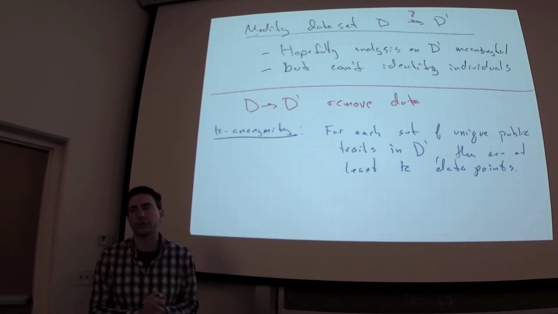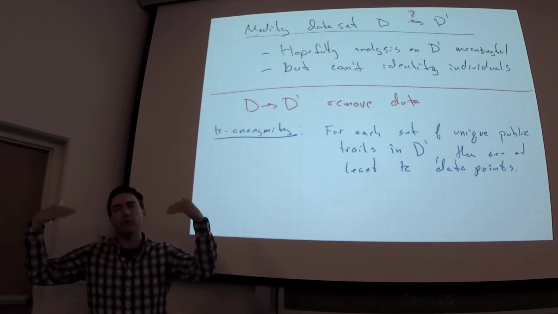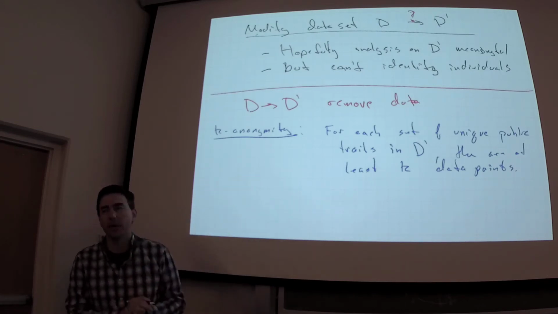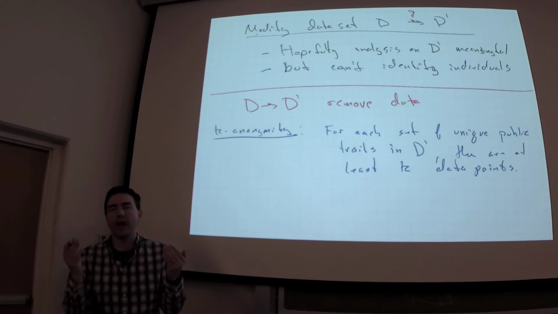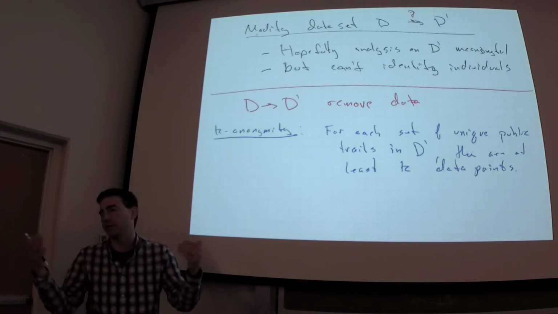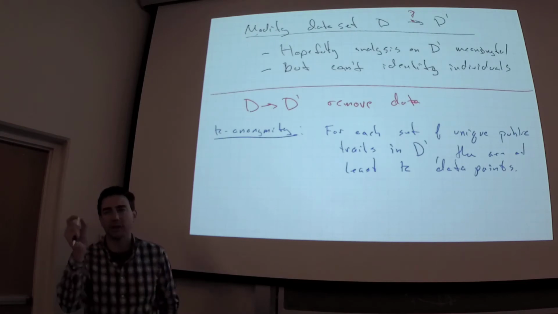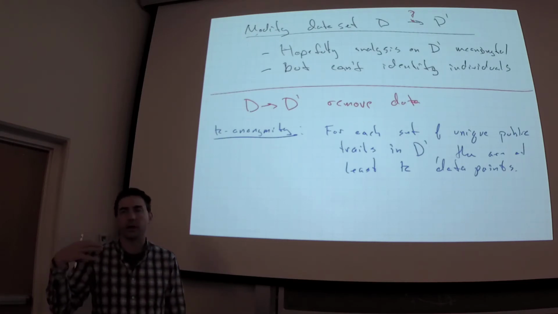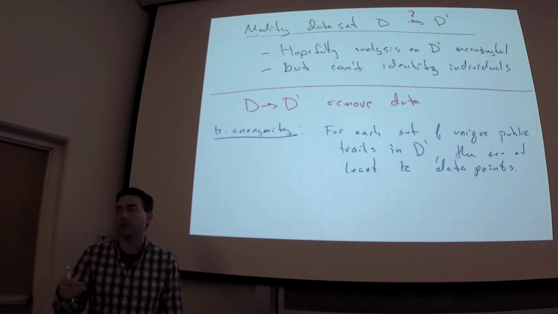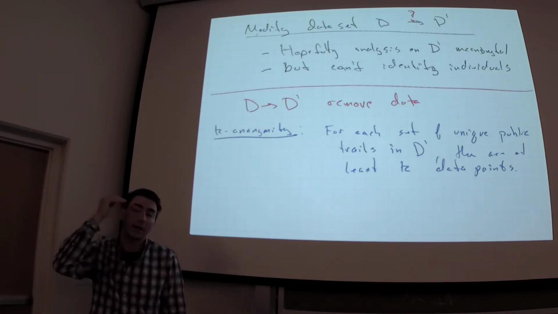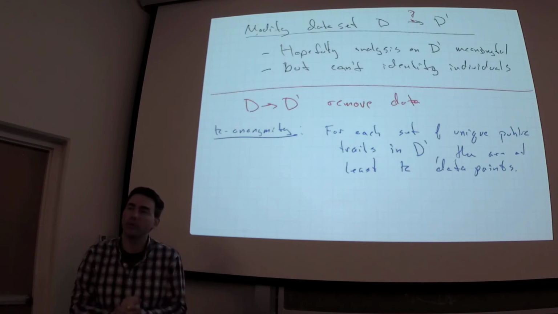So I'm going to remove information from D to get down to D prime so that I never have fewer than k. You can set k equal to 10 or something like that: 10 data points that have this exact same public information.